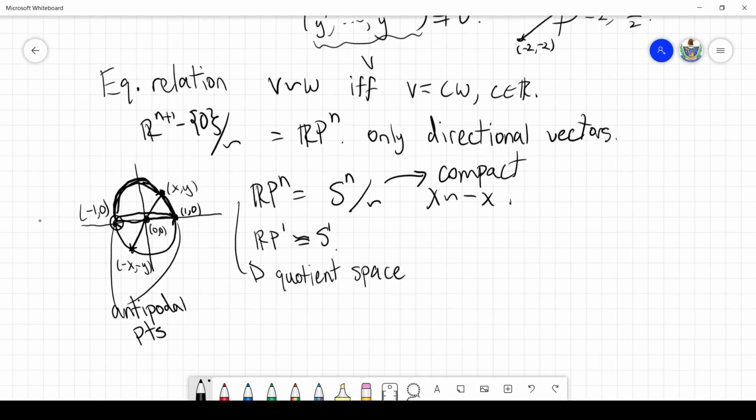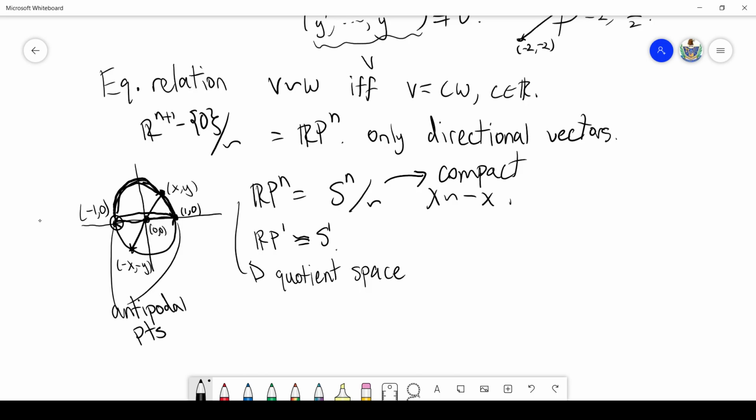And I also had an issue with the coordinate system I was going to introduce, because in a later video, where I'm going to prove that odd dimensional projective spaces are orientable, I'm going to use a different coordinate system than the one that's typically introduced. So I think it's better that I don't introduce the coordinate system now, since I'm just going to use a different one later on.